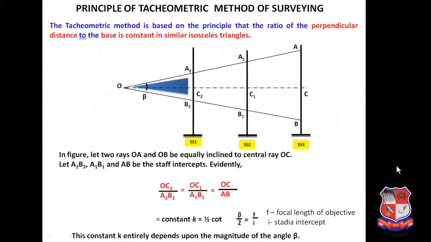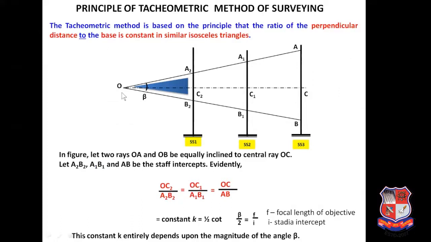Now let us discuss the principle of tachyometric surveying. The tachyometric method is based on the principle that the ratio of the perpendicular distance to the base is constant in similar isosceles triangles. You see one figure is given.